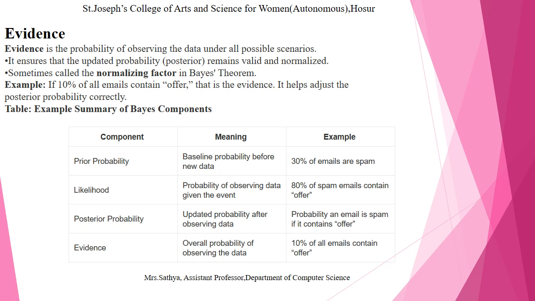Likelihood is the probability of observing data given the event, for example 80% of spam emails contain offer. Posterior probability is the updated probability after observing data: the probability an email is spam if it contains offer. And evidence is the overall probability of observing the data, that means 10% of all emails contain offer.